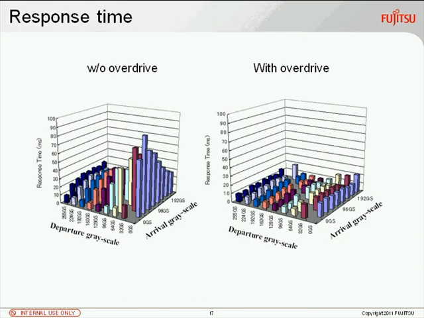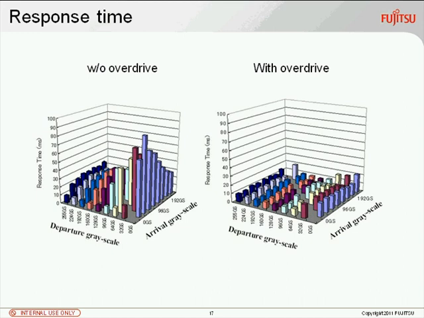So let's have, as next, a short view on response time. I already mentioned it when I compared the different technologies. These funny pictures are quite old, so the numbers here are not actual; lower numbers are currently possible, but the principle is the same. You switch from a departure grayscale, for example, from totally white to another grayscale.